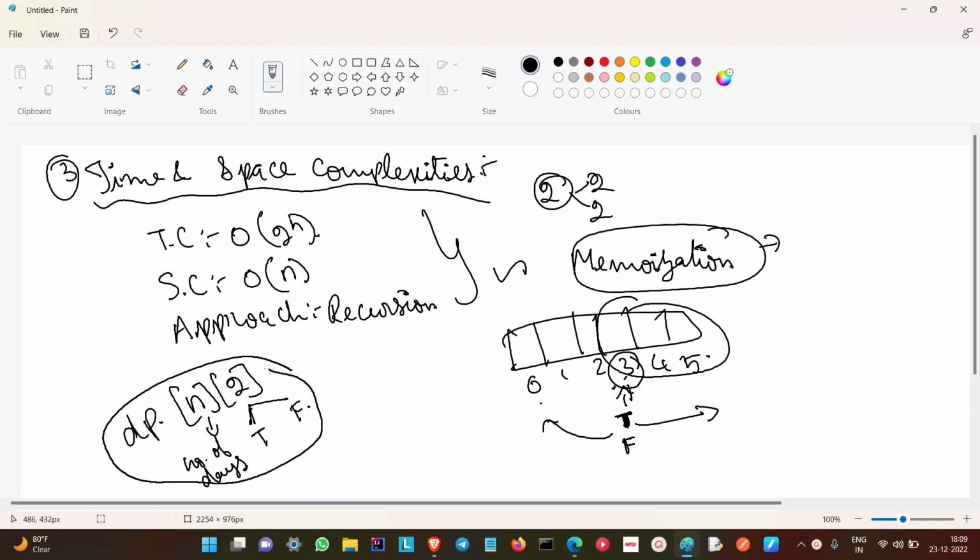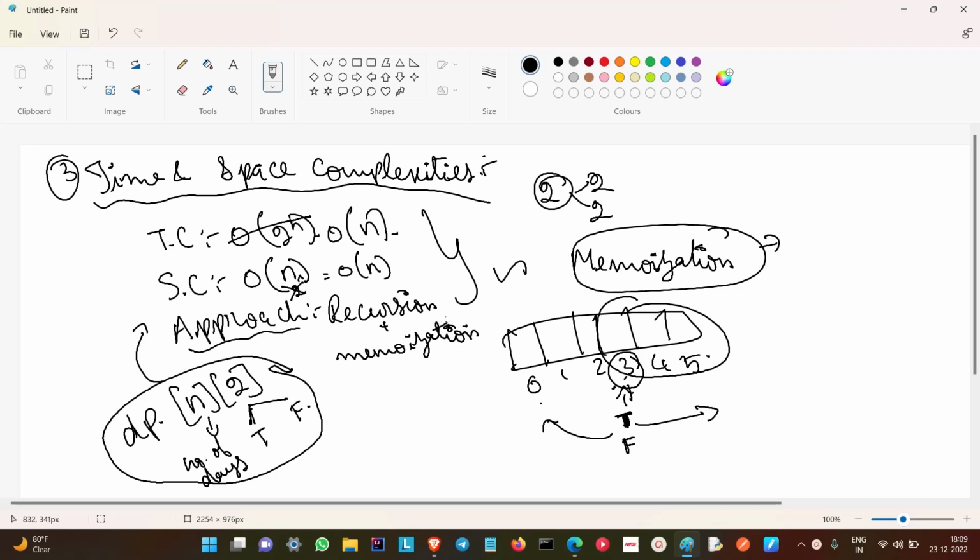So we are going to create this two-dimensional array and utilize it in our approach, and our time complexity will change from big O of 2 power n to big O of n, and the space complexity will be big O of 2 into n, which is big O of n, since 2 is a constant, we'll ignore it. Our approach will be recursion plus memoization.